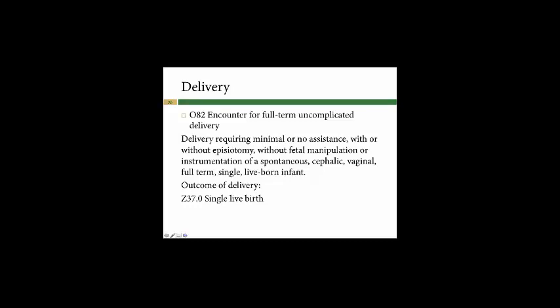So if you have a nice, normal delivery, you would use this code, and you would use Z37.0, single live birth. If there were twins, we wouldn't be using this 082 code. We would be using a code for that indicated multiple births.